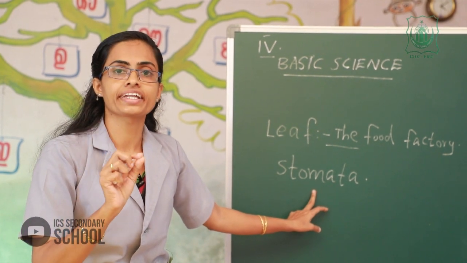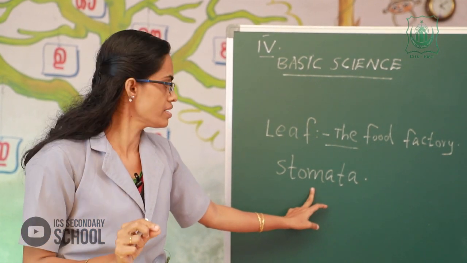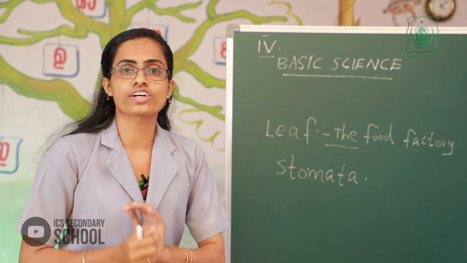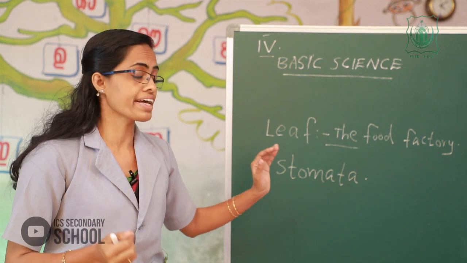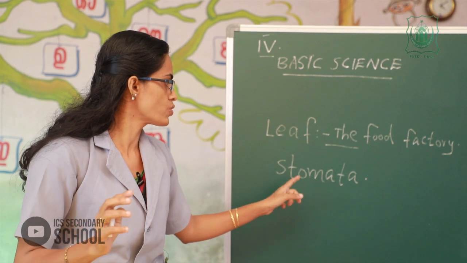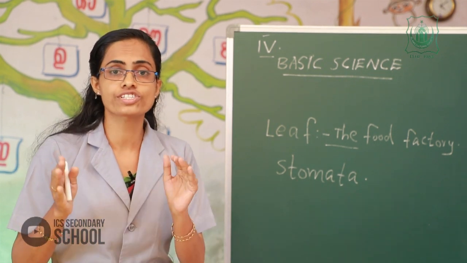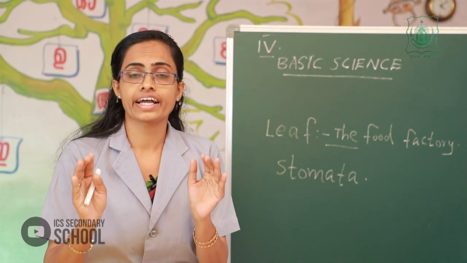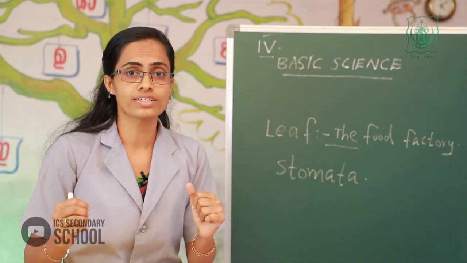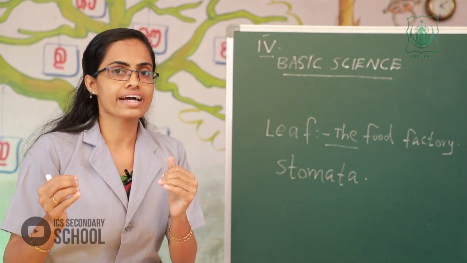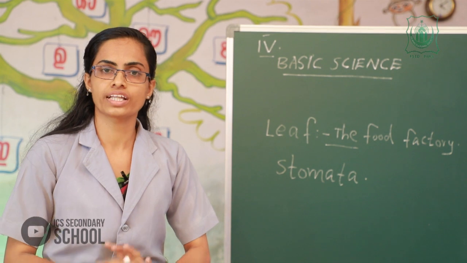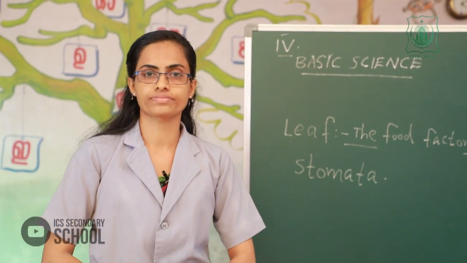The leaf contains tiny openings called stomata. What are their functions? Air enters and moves out of the leaves through stomata. Okay, already studied in 3rd standard.